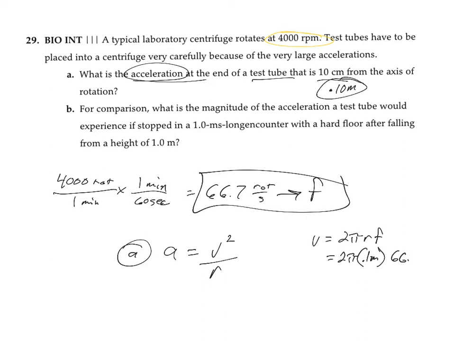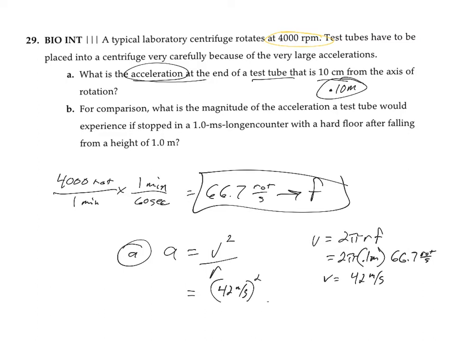Frequency we decided was 66.7 rotations per second. So to the calculator we go, 2 pi multiplied by 0.1 multiplied by 66.7, and I get a velocity of, let's just call that 42 meters per second. So back here we go, 42 meters per second.